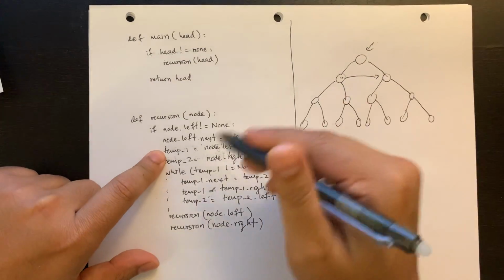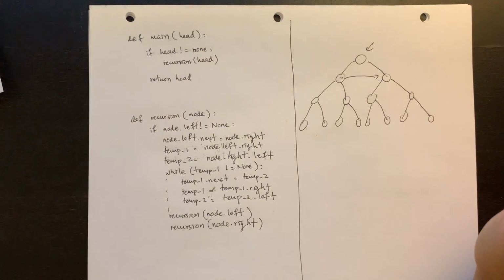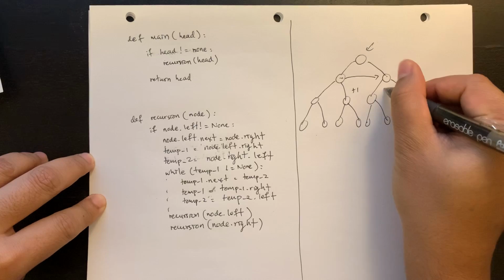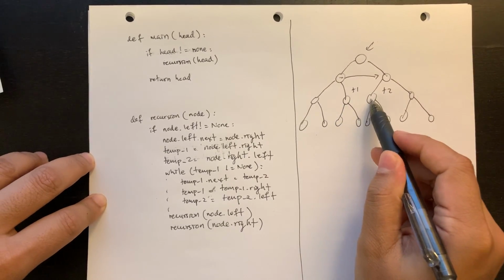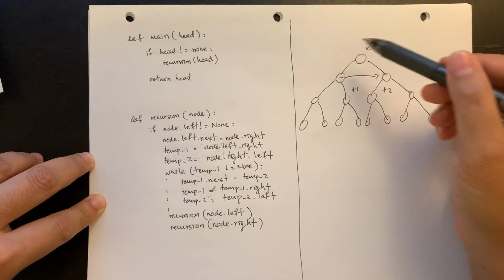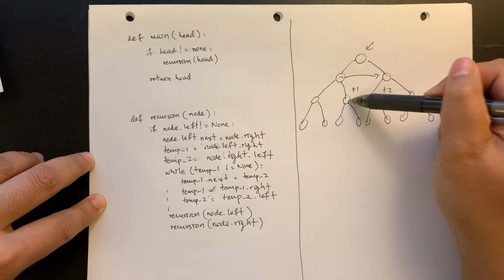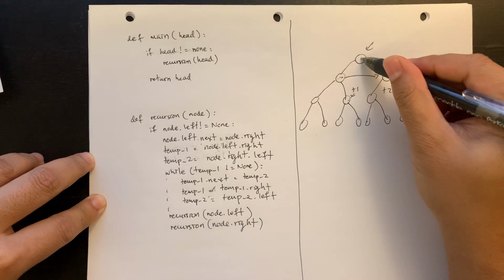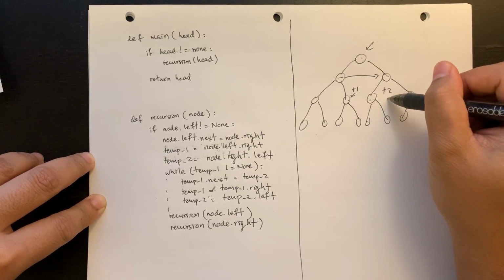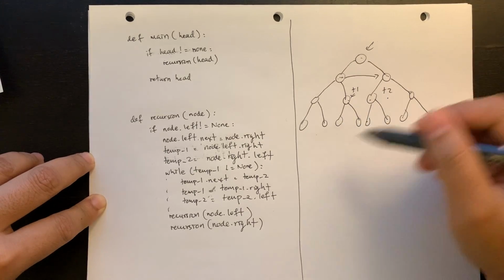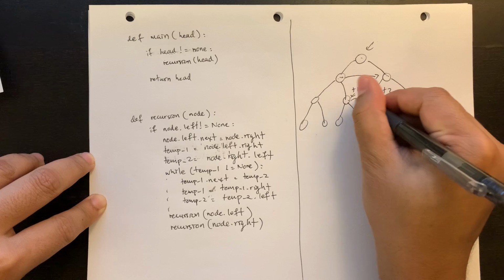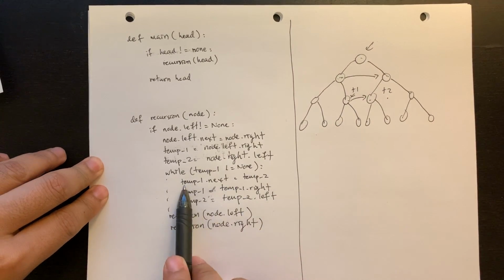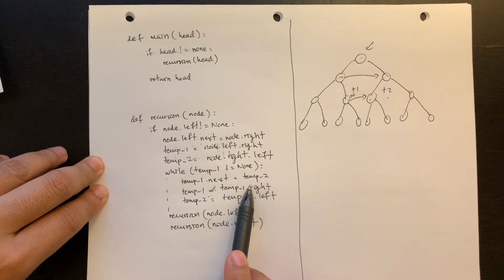Then we create temporary pointers called temp1 and temp2. Temp1 is node.left.right, so this is temp1, and temp2 is node.right.left, which is this. Since they exist, we want to connect them on this line, temp1.next is equal to temp2.